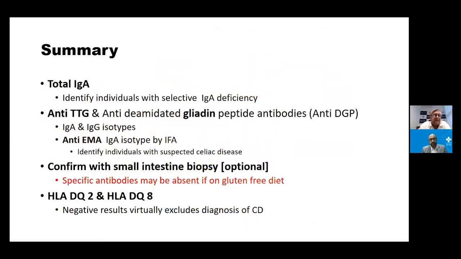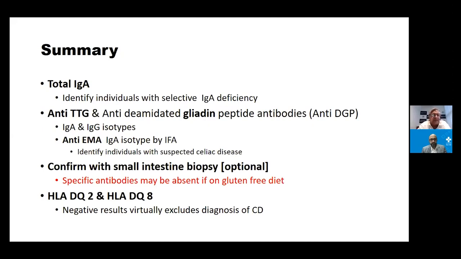Anti-TTG should be of IgA and anti-DGP should be of IgG. Or we can do anti-EMA of IgA by immunofluorescence. This will identify persons suspected of celiac disease. This can be confirmed, which is optional, by doing small intestinal biopsy.